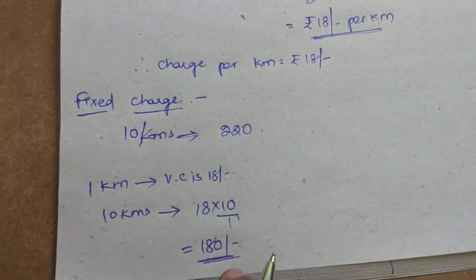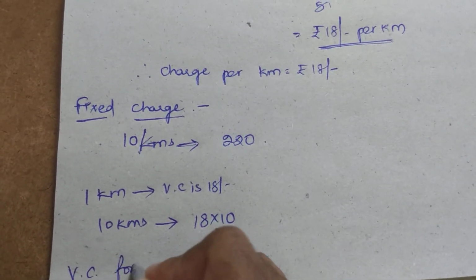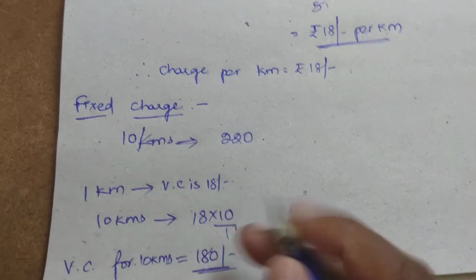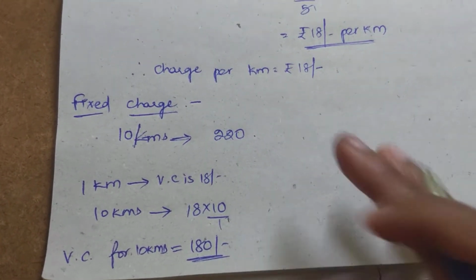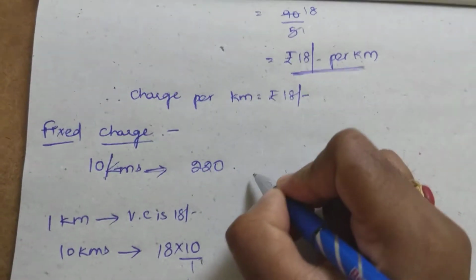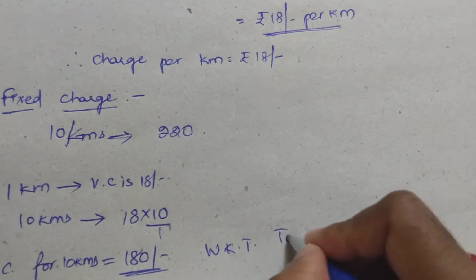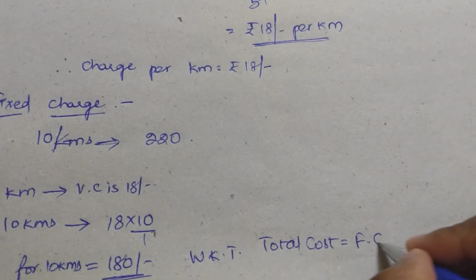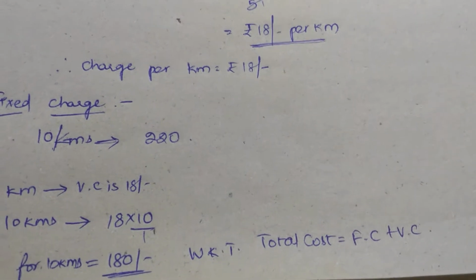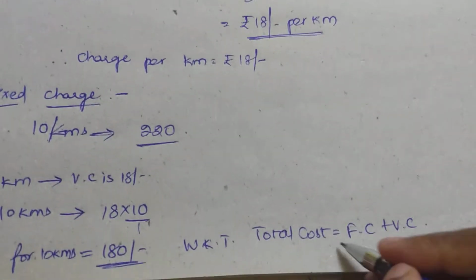So this is the variable cost for 10 kilometers. Total cost minus variable cost gives the fixed cost, because we know that total cost equals fixed cost plus variable cost. What is the total cost here? Total cost is 220 rupees.